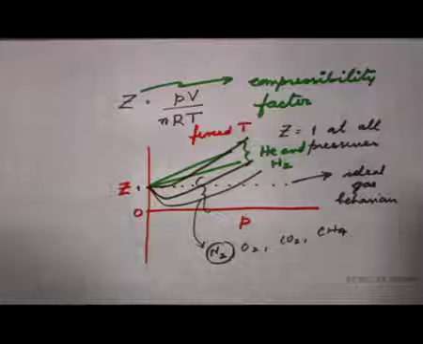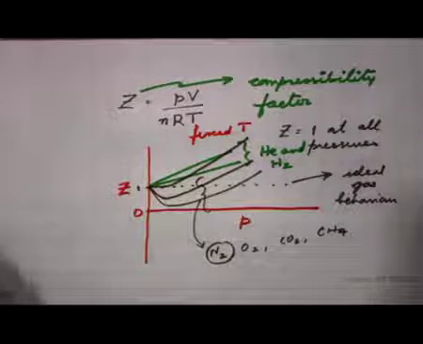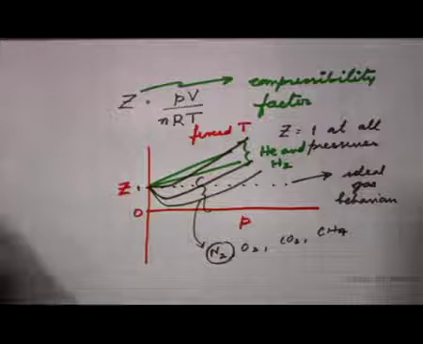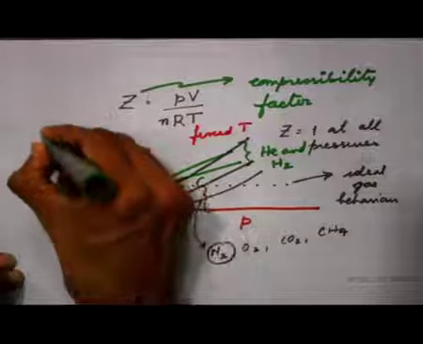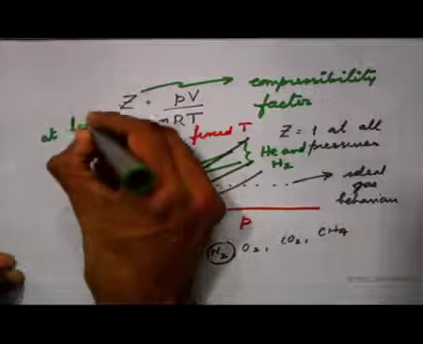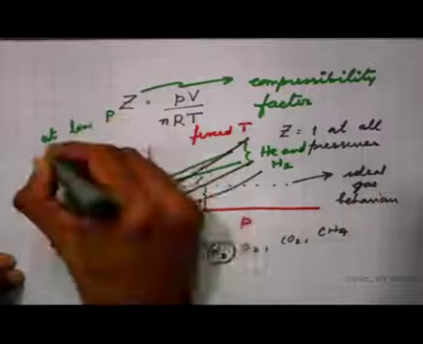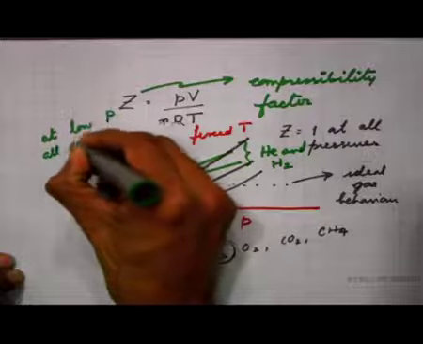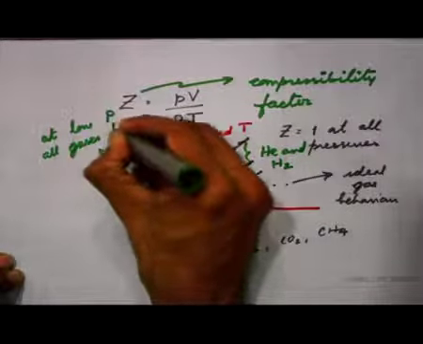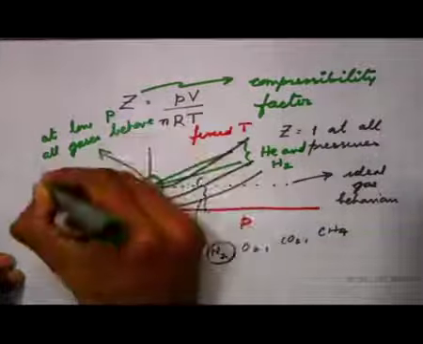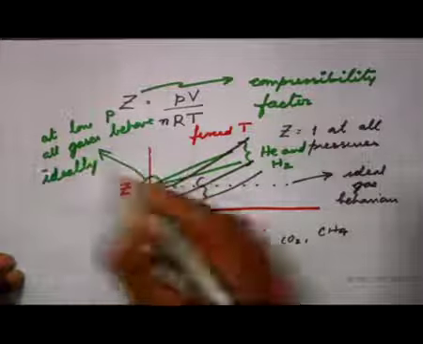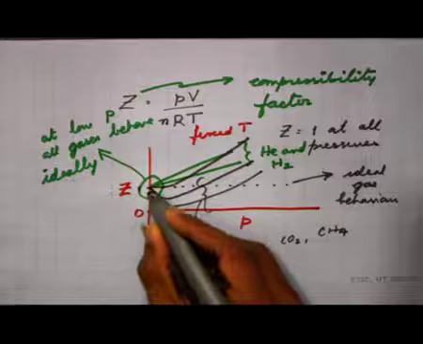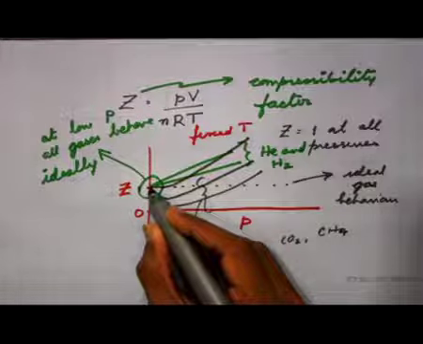At low pressures, for example, all gases behave ideally. So, that is the other thing to observe. So, at, let me draw this here, at low pressures all gases behave ideally, which is why Z starts at 1 for all gases.